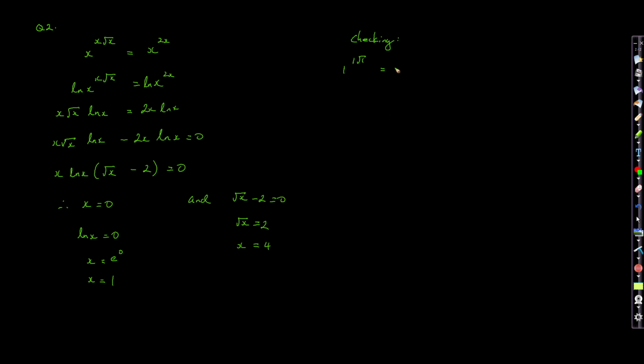Does that equal 1 to the power of 2? Well, 1 to the power of 1 is basically 1 to the power of 2, which is also 1, so that's fine.